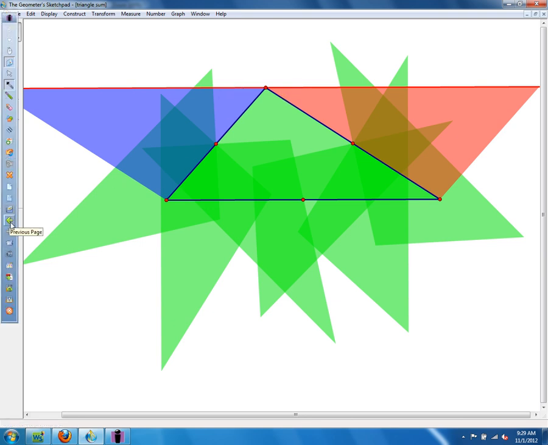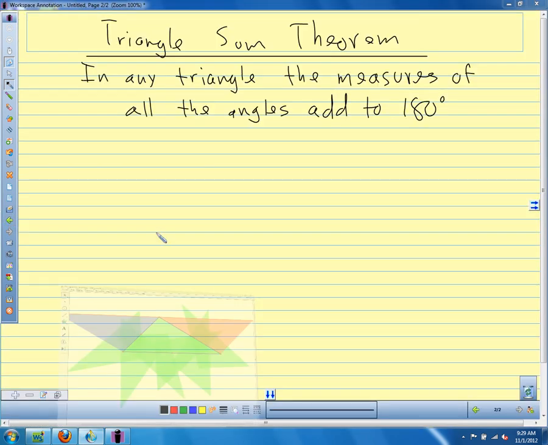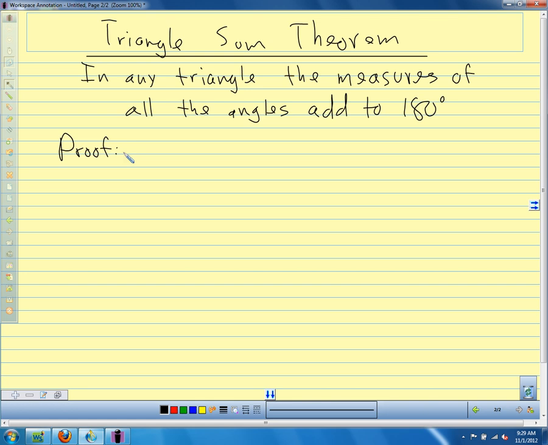So let's go back to our page. So now we're going to prove this. And I think it's really cool that after just a couple of months in geometry, we are now able, just with a few simple tools, to prove something that we've believed is true for almost our entire lives.